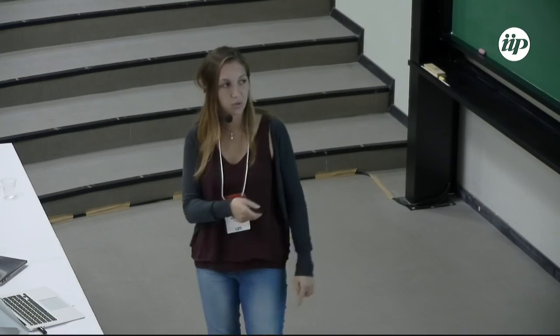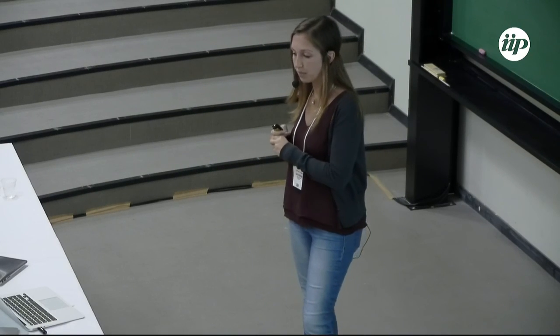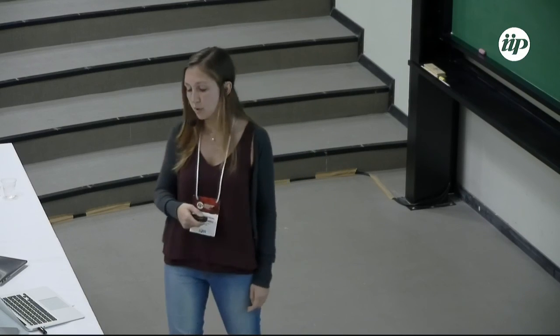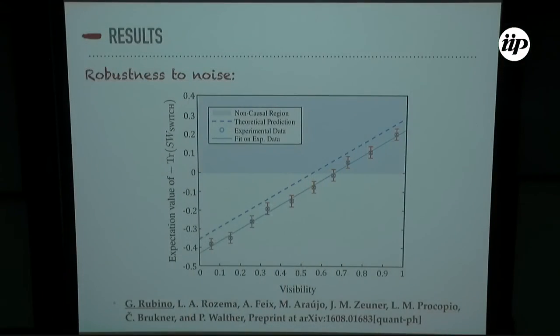So we were delaying one photon with respect to the other, and this way we were inserting a dephasing noise. And what we observed was a situation like this. So this is the theoretical trend, and this is the experimental trend we have obtained.